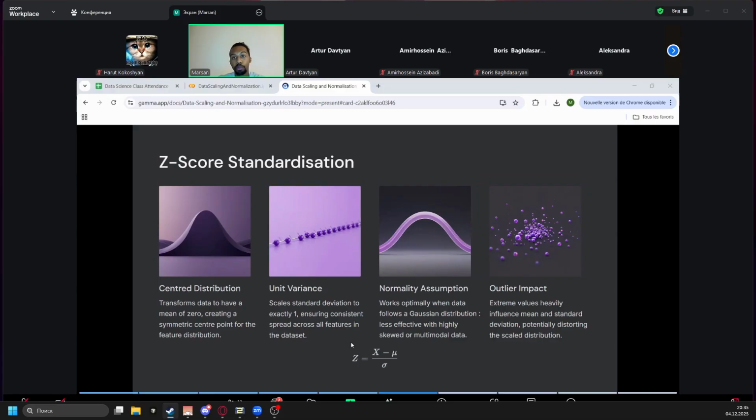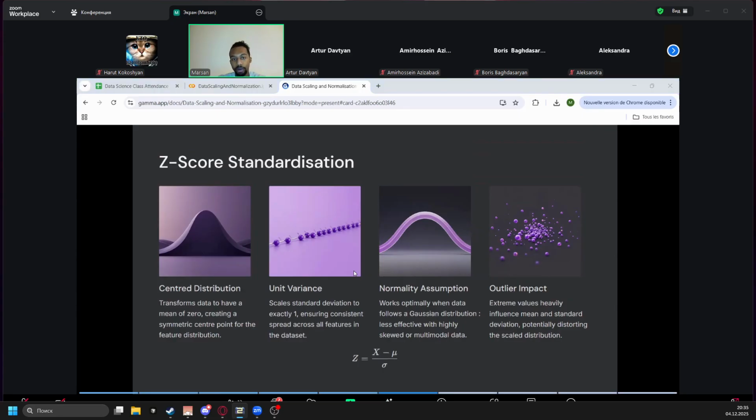Some properties to know: after this treatment, the mean is 0 and the standard deviation is 1, and the standardization technique works well for normally distributed data. So it's used for linear and logistic regression.